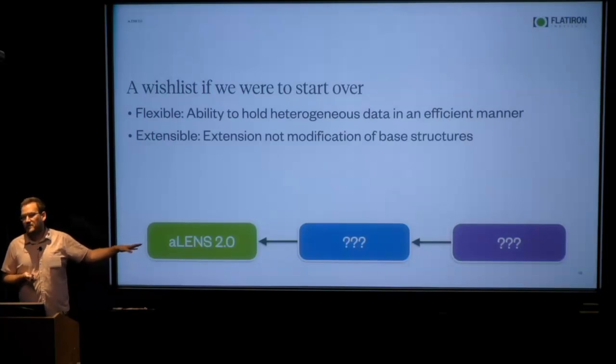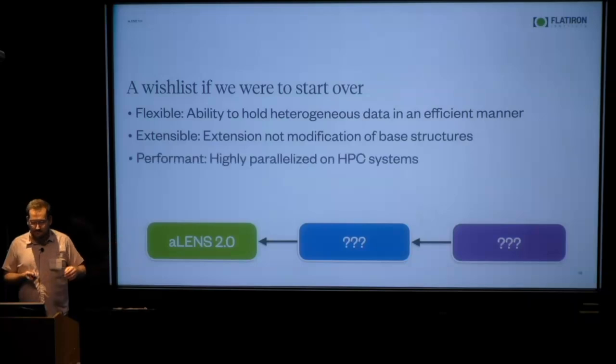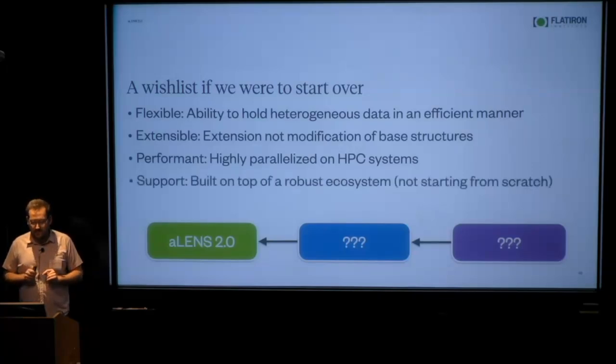If I want a new type, I can create my own and inject it some way into the system. We want it to be performant on HPC systems. Again, I'm talking about hundreds of thousands of degrees of freedom, probably countable into the millions or 10 millions for some of the systems we're thinking about. So this really needs to be highly parallelized for a cluster architecture. It would be nice if we weren't built on a dead project, so hopefully choose something that's a little more lively or might live for slightly longer. So this is the idea, at least.